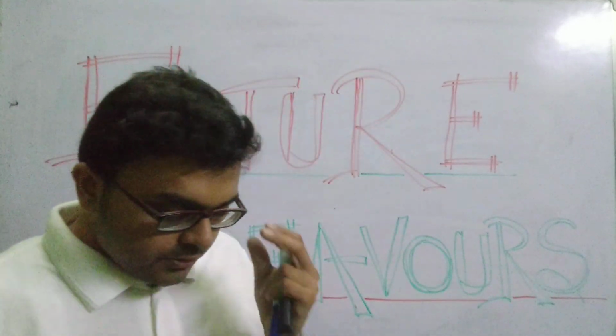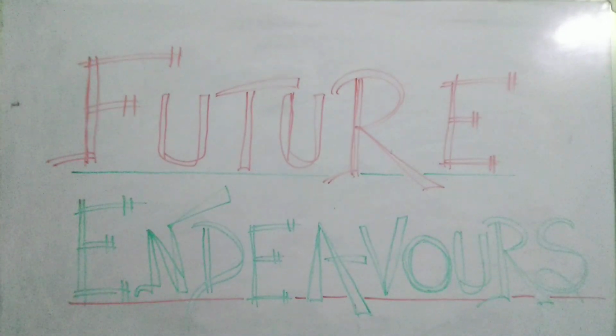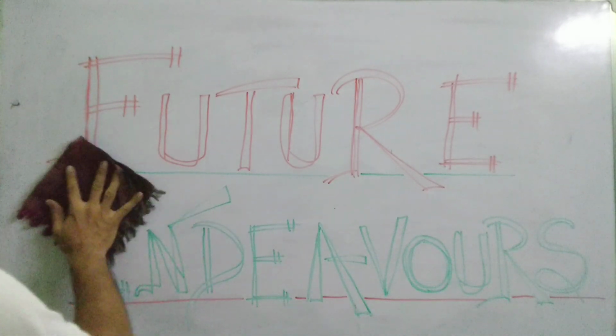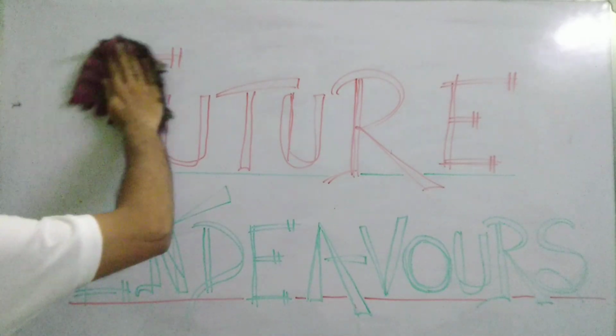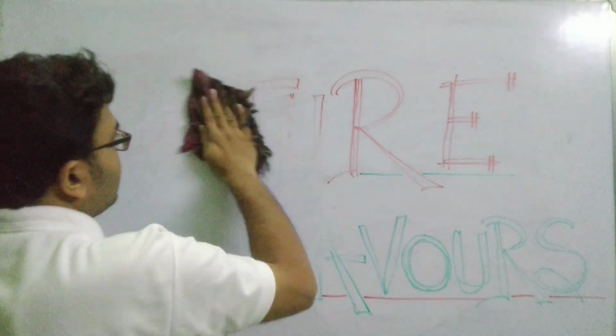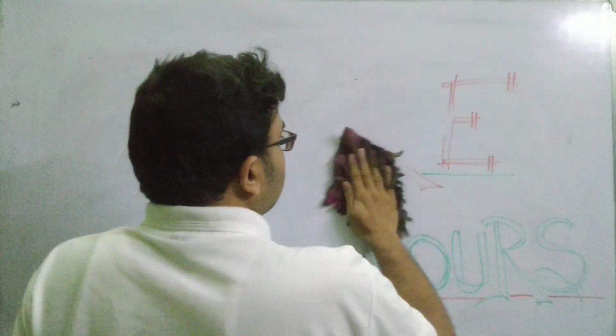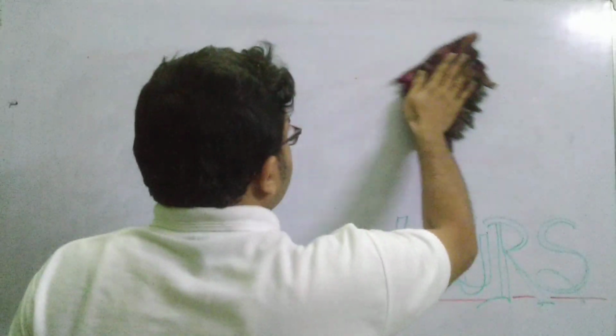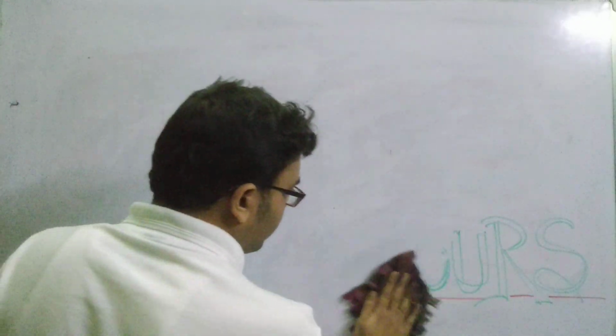Okay, so in today's class, we are going to discuss some terms related to propagation of sound, or rather, you can also say related to sound itself. So what are those terms? Let us discuss. In the previous class, we discussed how sound is produced and how sound propagates.